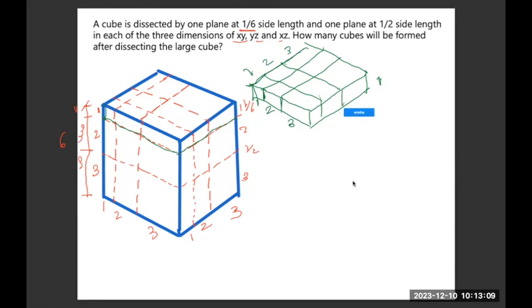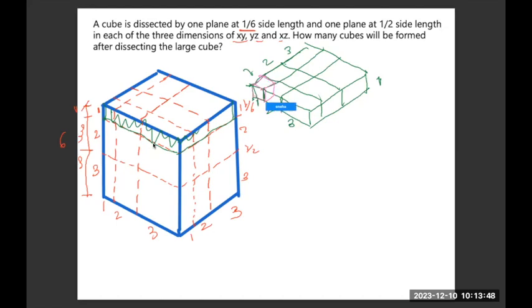The number of cubes that will be formed in just this first row will be 1 cube only. So the number of cubes that we find in the first row is just this 1 cube.